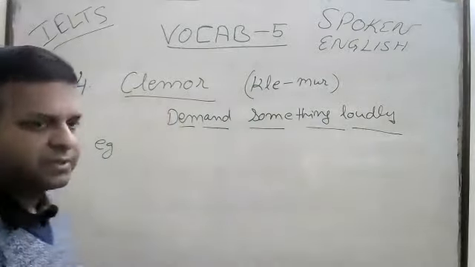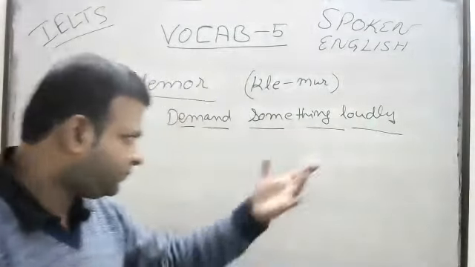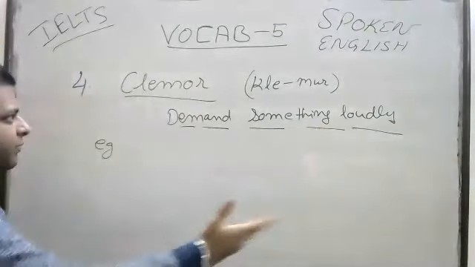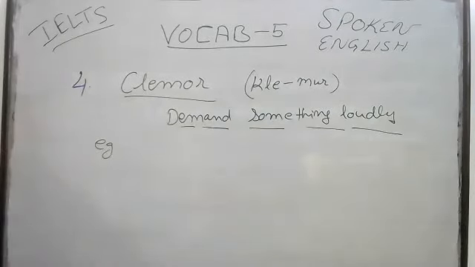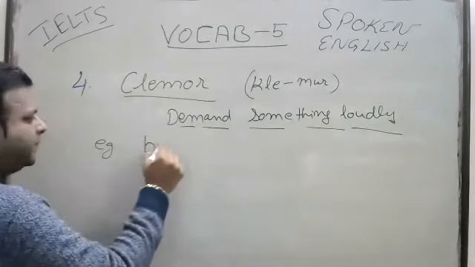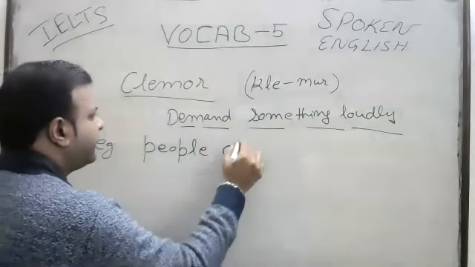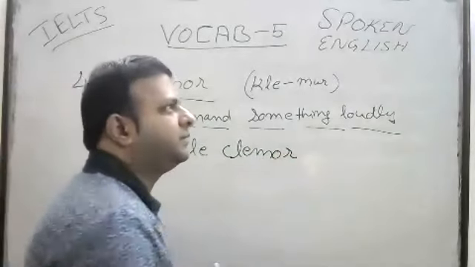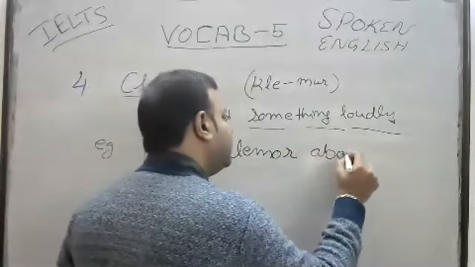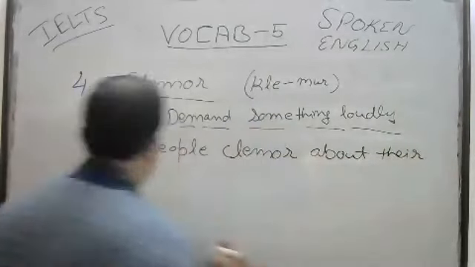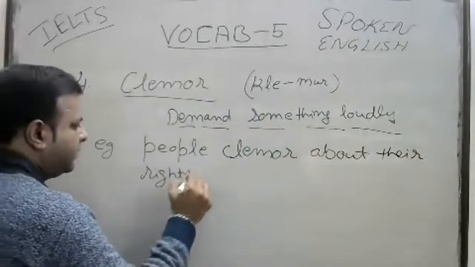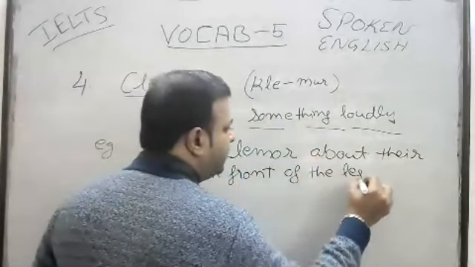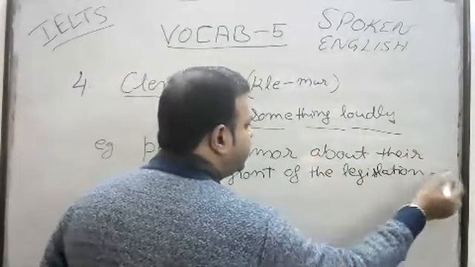For example, farmers, these days, as we all know, right? They are protesting, they are demanding loudly, right? So farmers clamor in front of the legislation, right? So how can we make that sentence? Let's say, people clamor about their rights in front of the legislation, right?